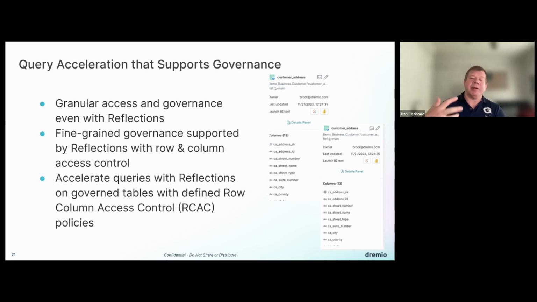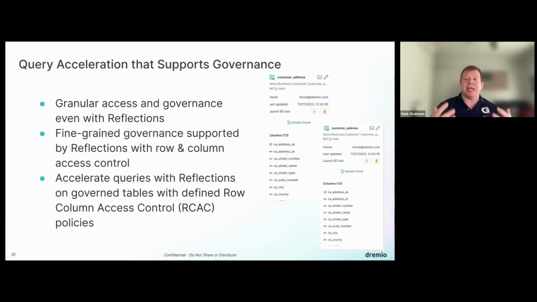So we now bring that row and column access control into the reflection. You can create a reflection on tables that have row and column access control, and that will be carried over and reflected within the reflection as well.